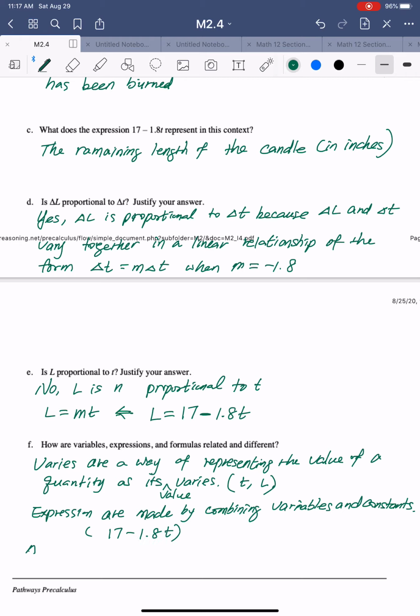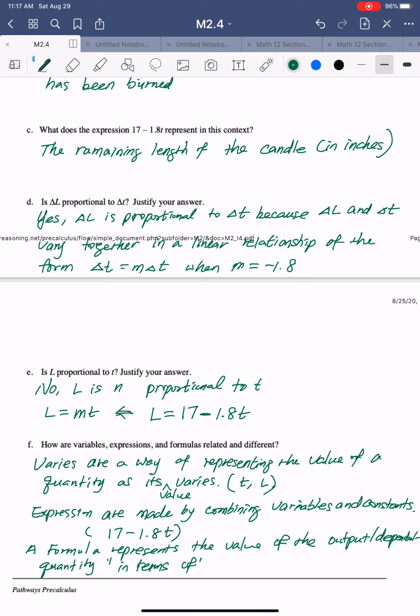And a formula represents the value of the output, which is a dependent quantity, in terms of the value of the input, or independent quantity.